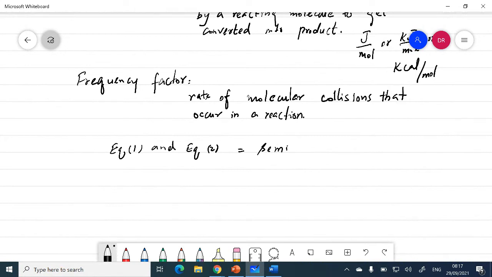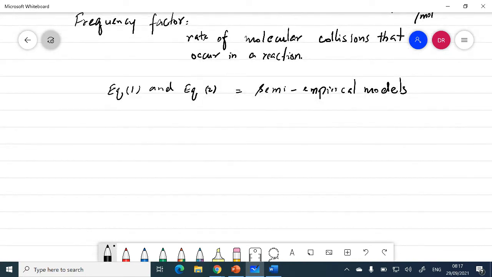We learned the definitions of empirical, theoretical, and semi-empirical models. Why semi-empirical? Because the actual model is based on theoretical considerations, but some of the model parameters are determined with the help of experimental data. So that's why we call equation 1 and equation 2 semi-empirical models.